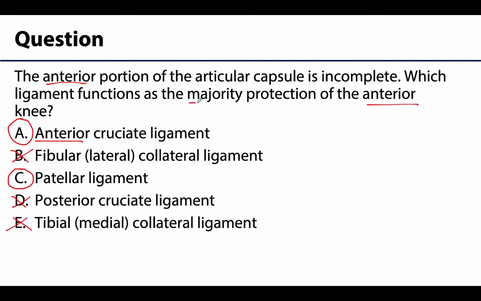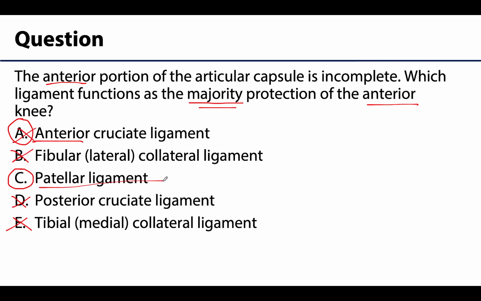So another part of the stem right here is saying the majority protection. The anterior cruciate ligament is going to be inside the capsule. So it was never really going to play that big of a role in taking over where the anterior portion of the capsule would be. And also it's not a particularly protective ligament either. So we're not going to go with that one.